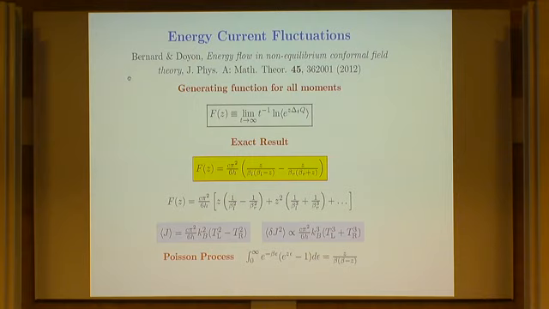Another way to say it is that in their 1D case, knowledge of the energy current is enough to determine the full spectrum, because the higher moments are related by differentiation with respect to a perturbed version of that current. So you get the average energy flow, you get the full spectrum of fluctuations.